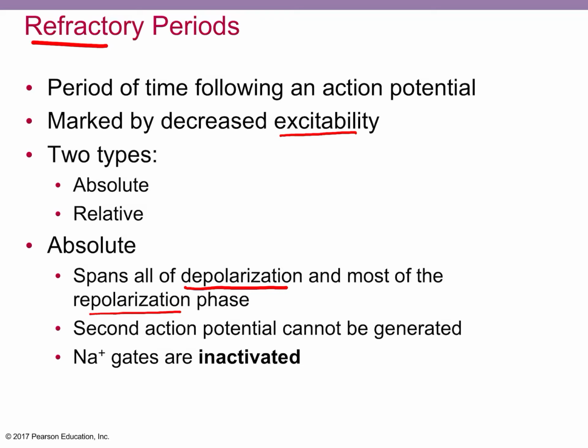So refractory periods are basically this period where you cannot create another action potential. Okay, so it's in the process of depolarizing and repolarizing. During this time, the sodium gates are inactivated, and they're just not physically able to allow sodium to rush in again. You cannot create another depolarization event to make another action potential.